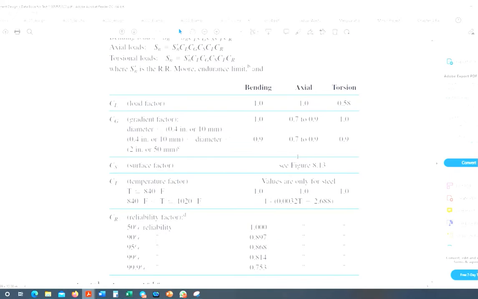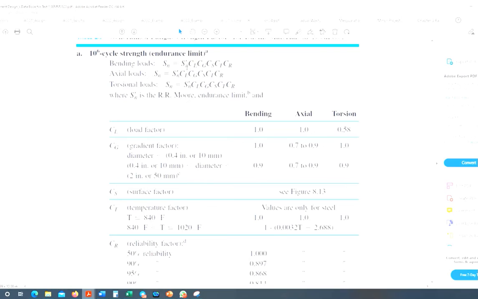Load factor, bending, 1. Then gradient factor, diameter.